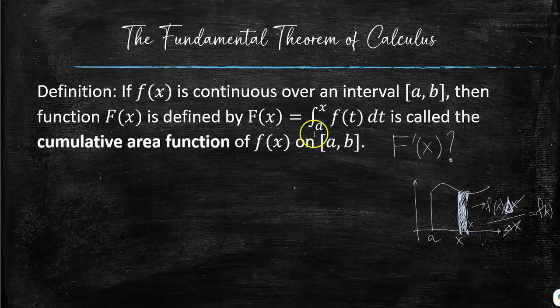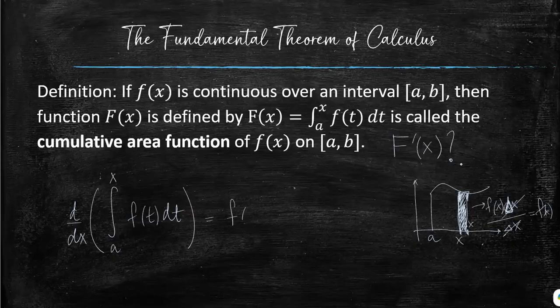But the point is, an attempt to answer this question leads us to the following statement. The derivative of a function defined this way with respect to x is simply equal to f of x. And this is not the exact proof, but this is just the idea behind the proof.